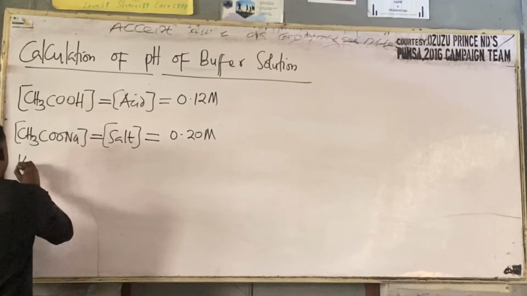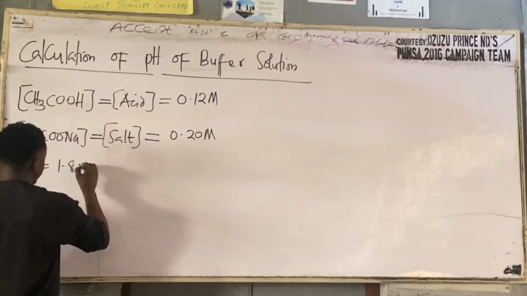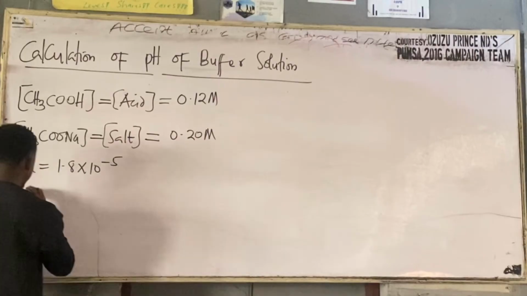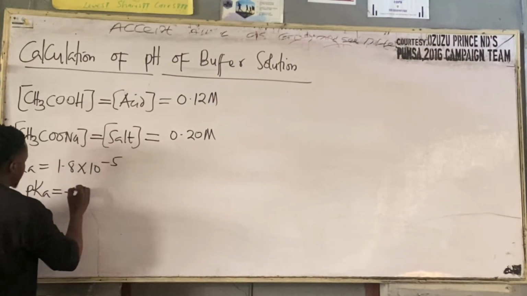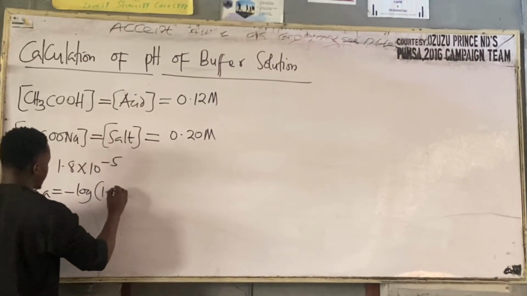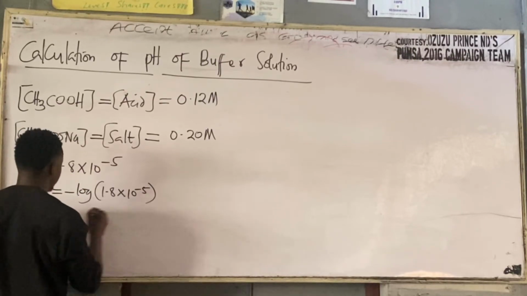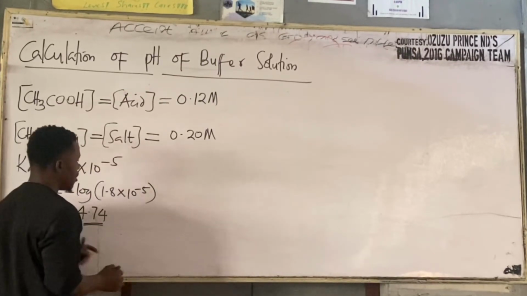Now they gave us our Ka to be equal to 1.8 times 10 to the power of minus 5. Now pKa is equal to negative log of that. Alright, so that is that.